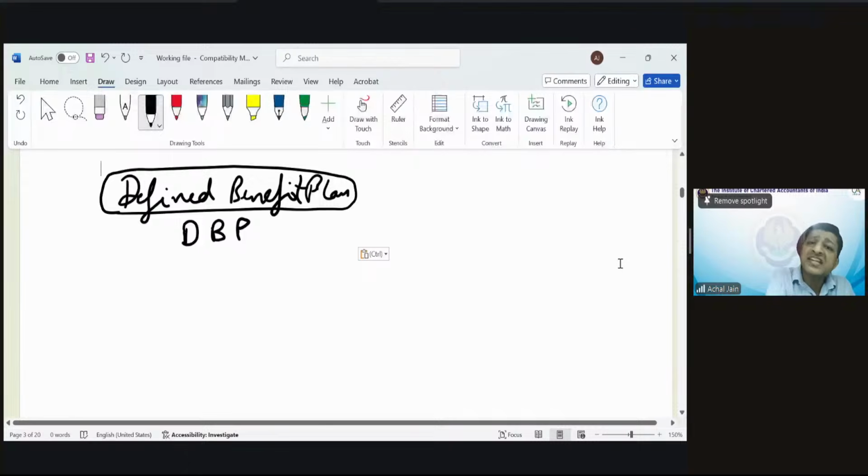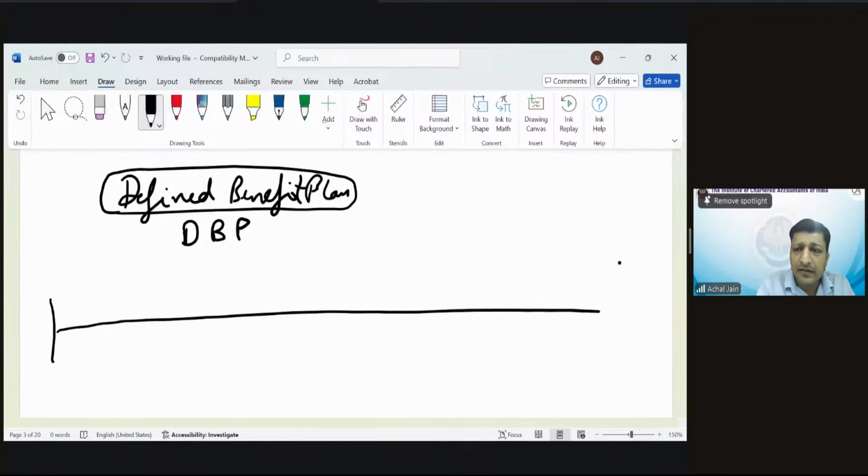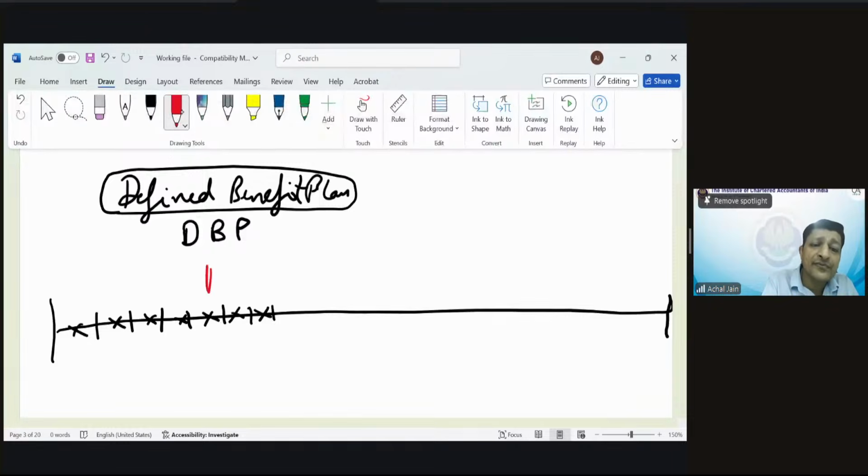So we'll pick up the same example and try to understand what is the different arrangement. Here again, each year the employee is rendering services. And again, we are talking about PF, Provident Fund, which is payable to the employee at the end of the 20th year.